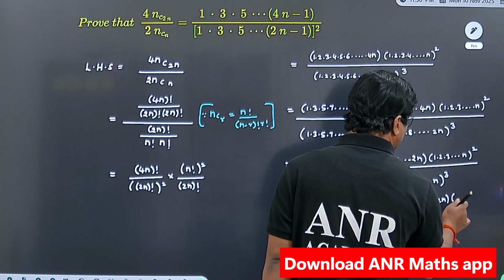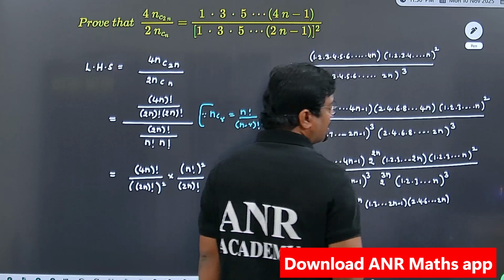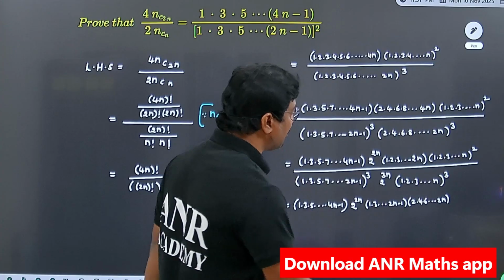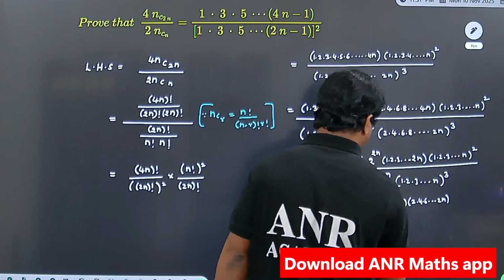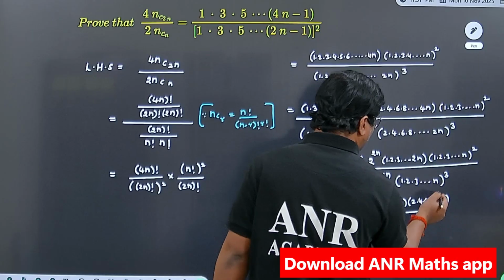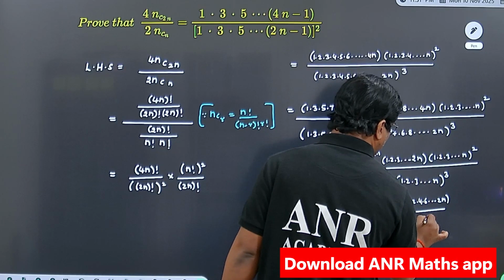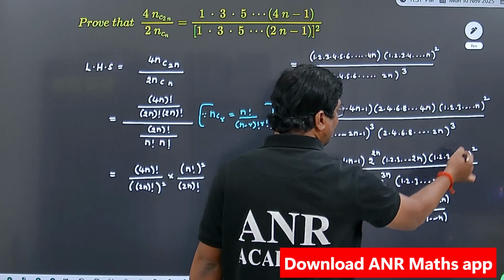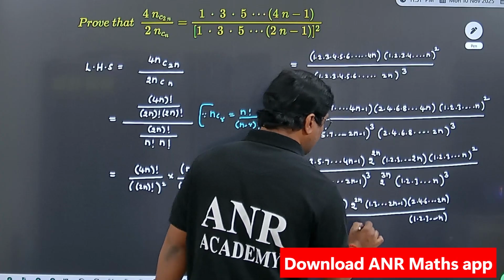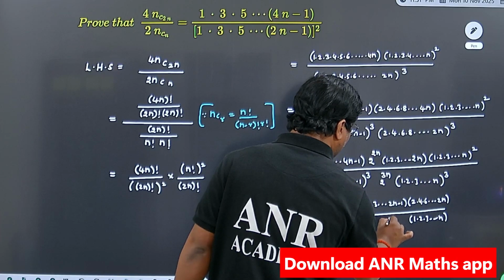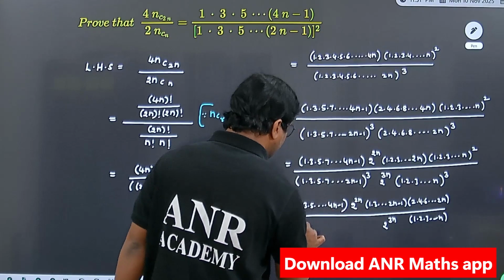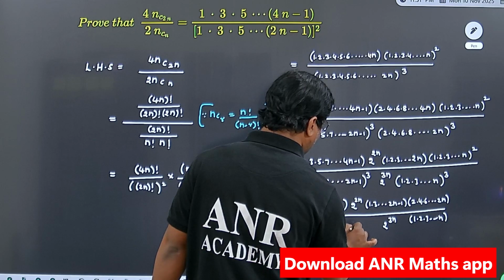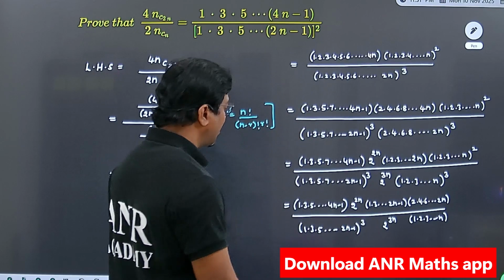And here 1, 2, 3 and so on n whole square, and here 1, 2, 3 and so on n whole power 3. If you simplify the last terms, then in the denominator part you will get only this 1, 2, 3 and so on n. Here you have 2 terms, here you have 3 terms, only 1 remains. Next, 2 to the power of 3n, and this is 1, 3, 5 and so on 2n minus 1 whole cube.